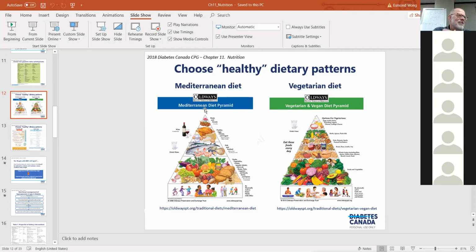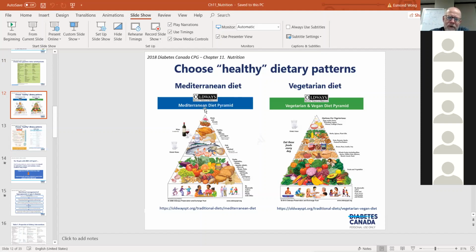So the word comes, of course, from Sweden and Norway and that sort of thing. Instead of more tropical fruits and vegetables, it's got more northerly fruits and vegetables, fish oil, canola oil rather than olive oil. So you can still get foods more locally and still eat in a healthy way.